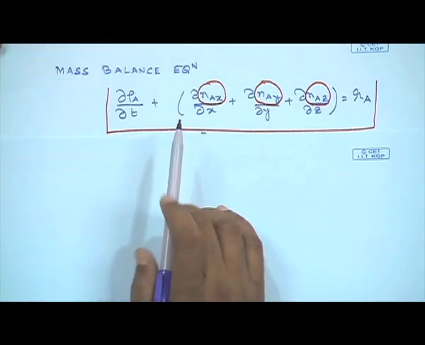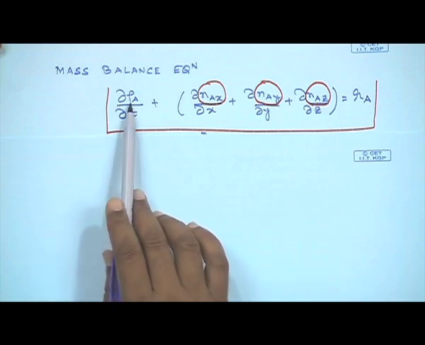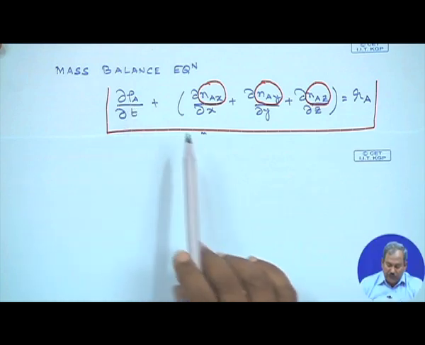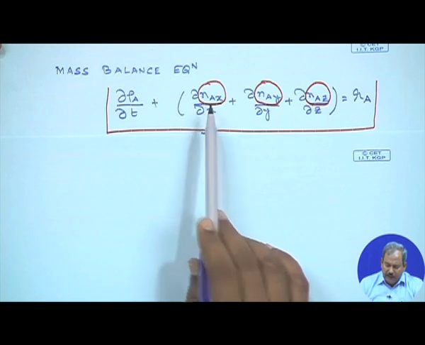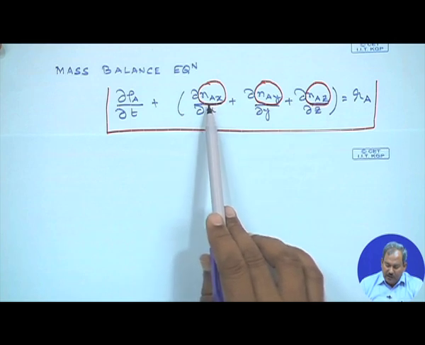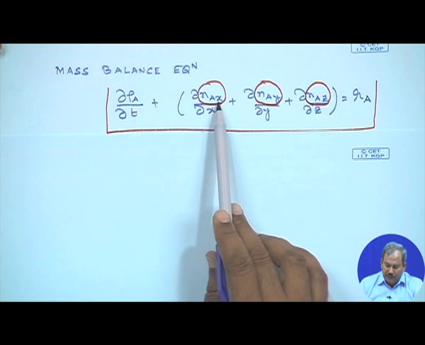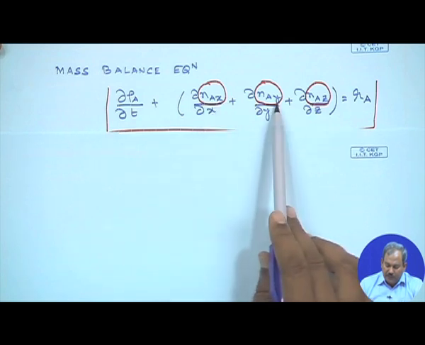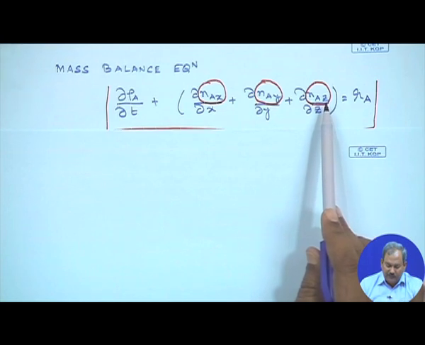So, what we are doing essentially is writing the species mass balance equation for a volume element fixed in space. And we obtained this expression, the mass balance equation. This rho A is the mass concentration of A. The NAx, NAy and NAz are the components of the mass flux vector for component A in the x direction, in the y direction and in the z direction.